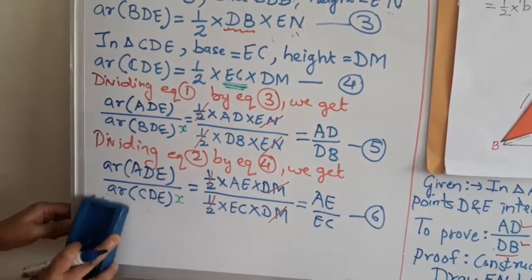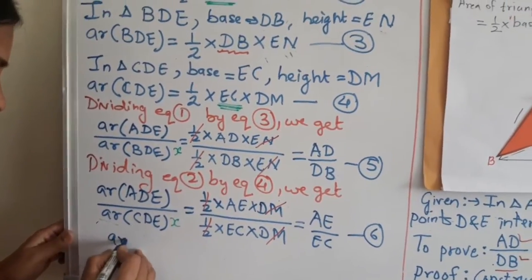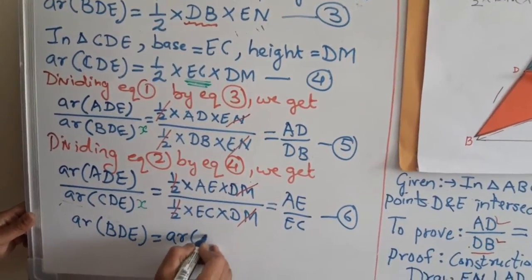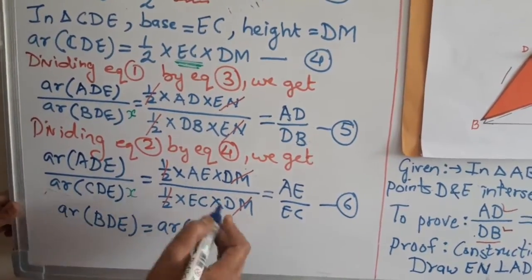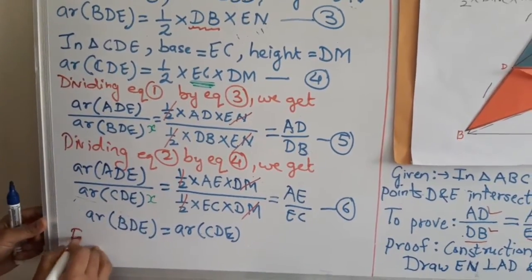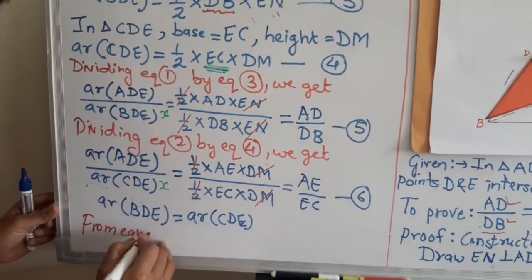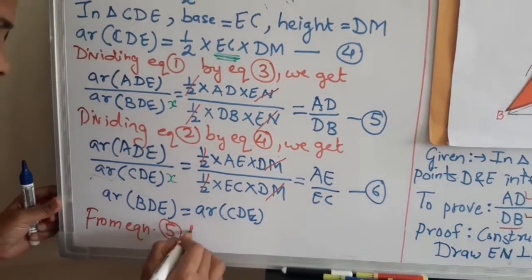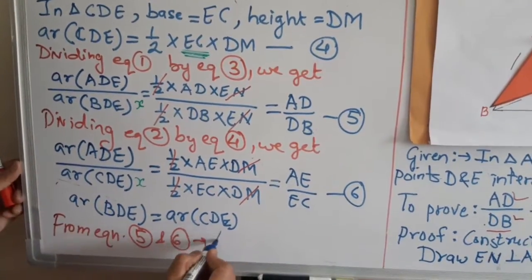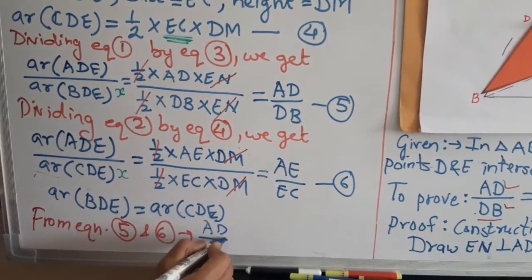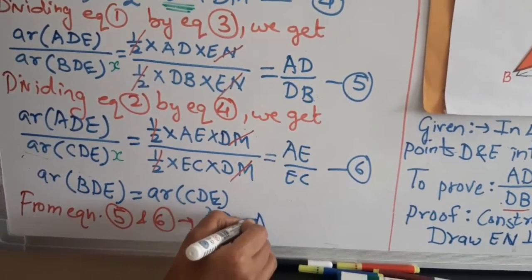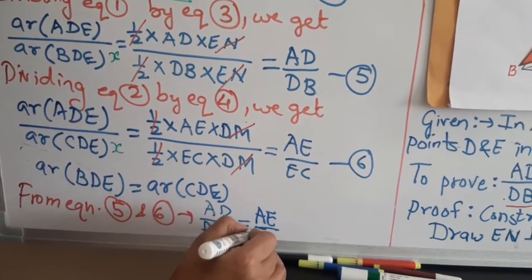First of all we have to state here that area of triangle BDE is equal to area of triangle CDE, and therefore from equation 5 and 6 we get AD upon DB is equal to AE upon EC.